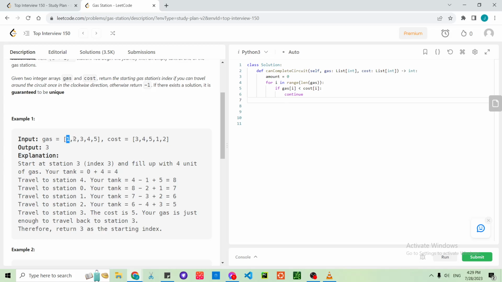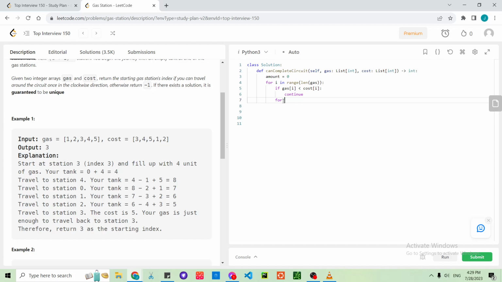So continue, and this is where it starts. 4 is bigger than 1, so now we're going with 2 for loops that will be quadratic time.